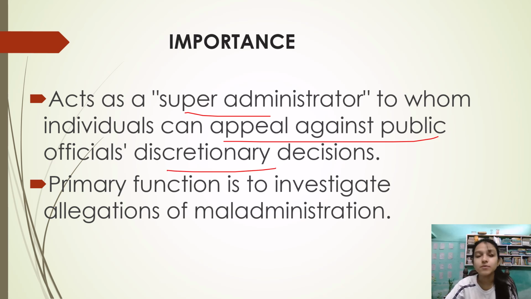So if any person is seeing that there is misuse or abuse of discretionary power, they can opt for ombudsman for seeking guidance or a solution. Its primary function is to investigate allegations of maladministration, to check if there is any presence of maladministration.